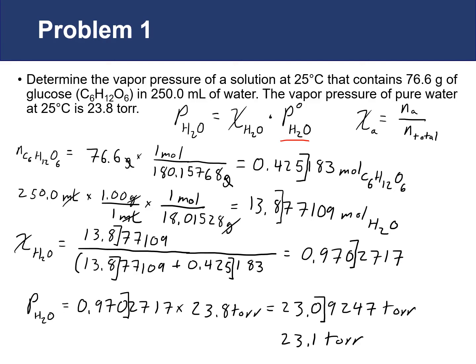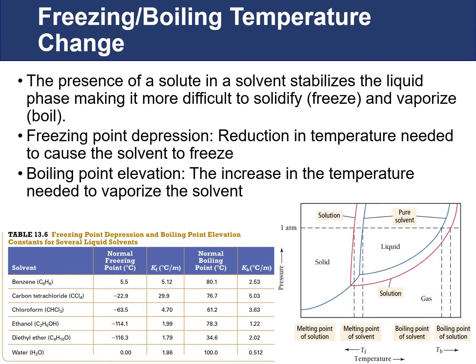The next 2 colligative properties that we will be looking at are the freezing point depression and boiling point elevation, both of which represent a temperature change for the phase transition between the liquid phase and either the solid phase or the gas phase.